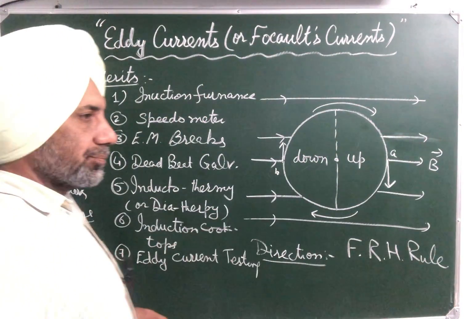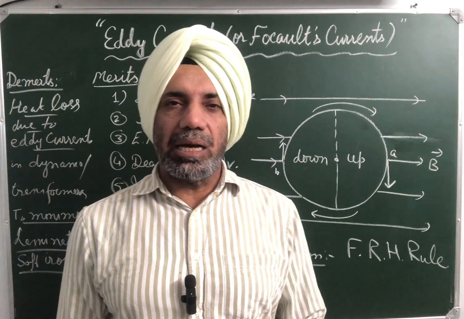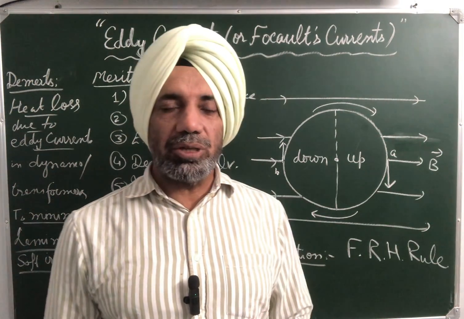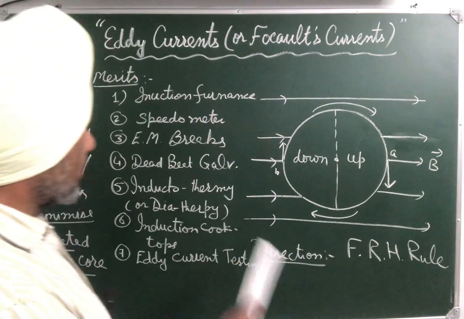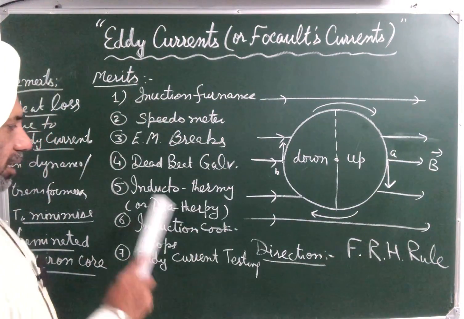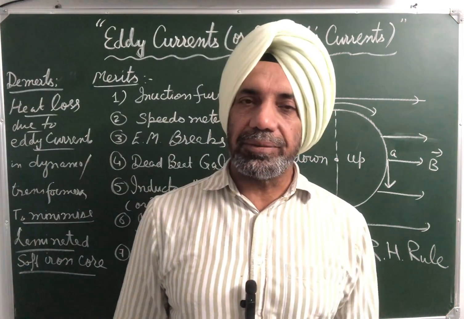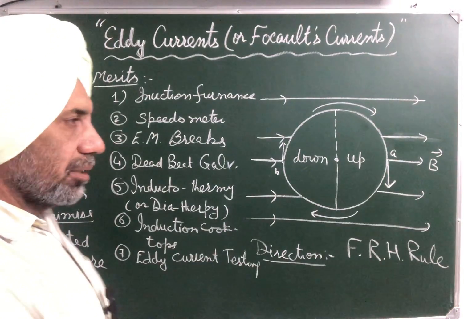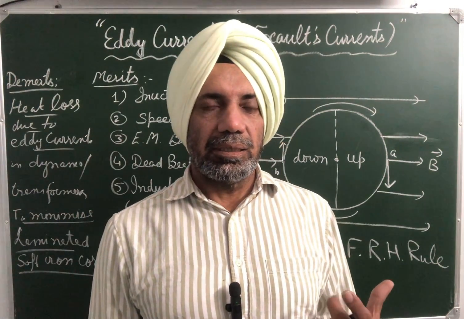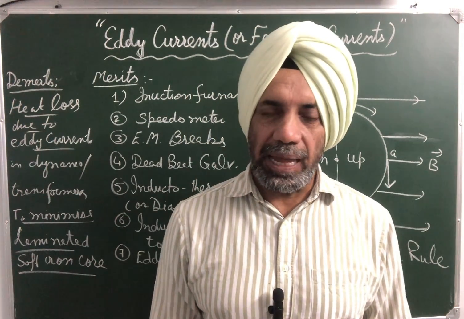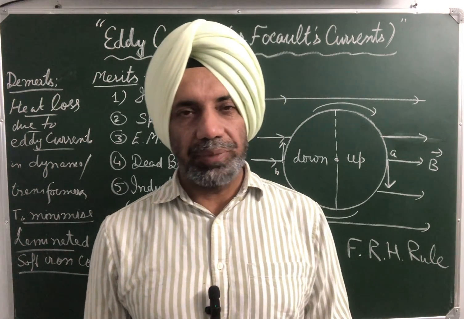Dead beat galvanometer. The coil of the galvanometer is always wrapped on a soft iron core, and that's why it becomes dead beat. Eddy currents are also used in inductothermy or diathermy by doctors to treat patients having backbone pain or backbone problems.